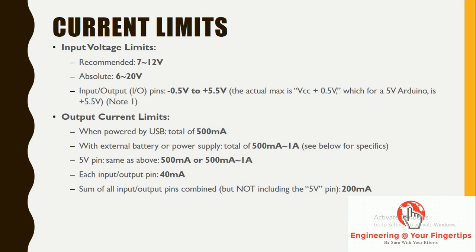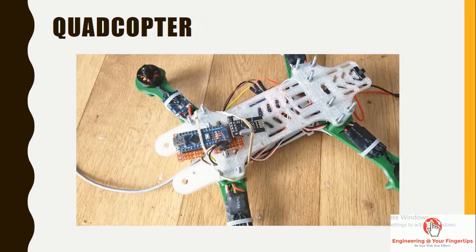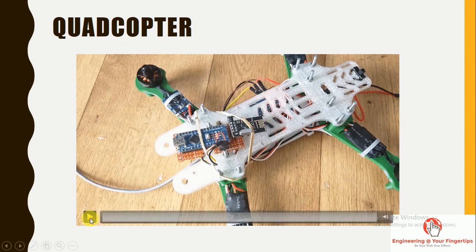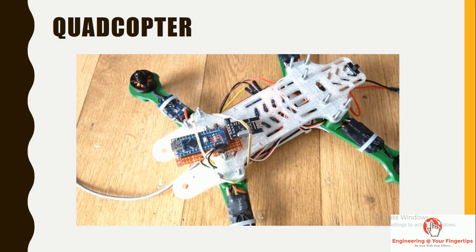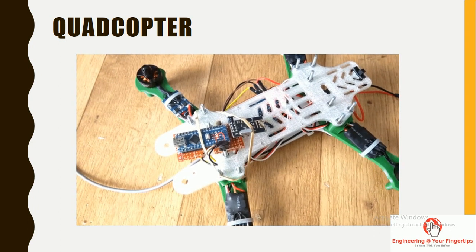For instance, if you have a motor that requires 15 amps, then 40 milliamps is clearly not enough. I say 15 amperes because I think about many motor devices, like quadcopter motors, which can take 10 amps and 15 maybe. They require a lot of power, and the Arduino would never be able to supply that level of power.